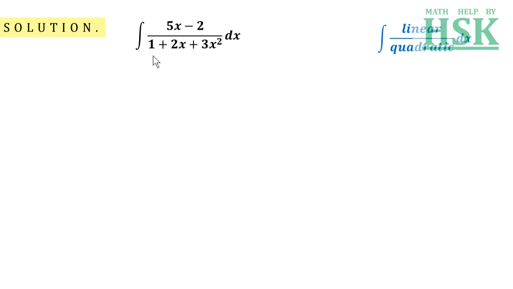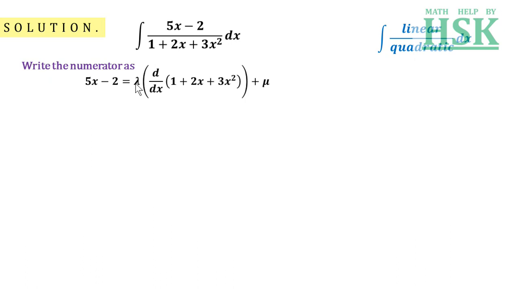So these types of questions are solved by a special method, and the method which we are going to use is like this: we are going to write the numerator 5x minus 2 as equal to lambda times d upon dx of (1 plus 2x plus 3x square) plus mu.